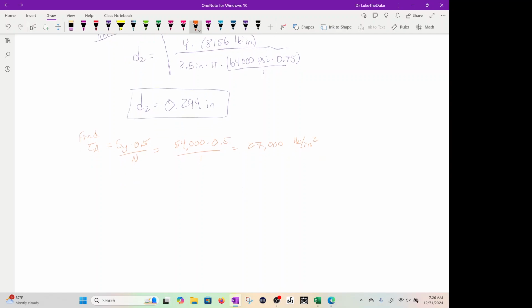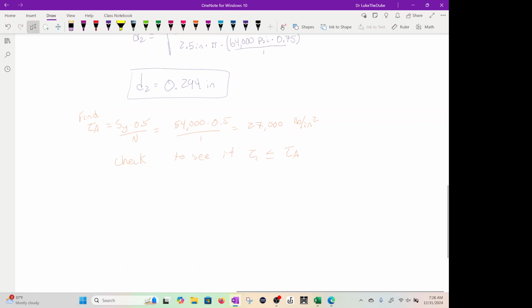Okay, now let's check to see if tau 1 is greater than or equal to tau A. And tau 1, we use the same equation because it's a pin: 4 times T1 over the diameter of the shaft times pi times this diameter that we just found.